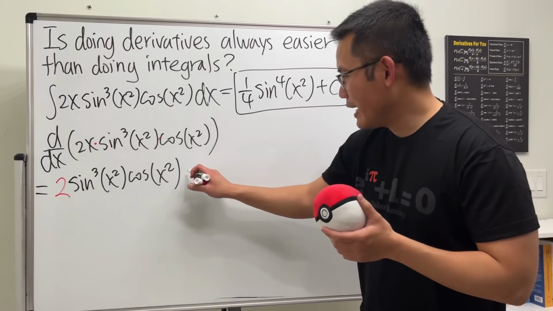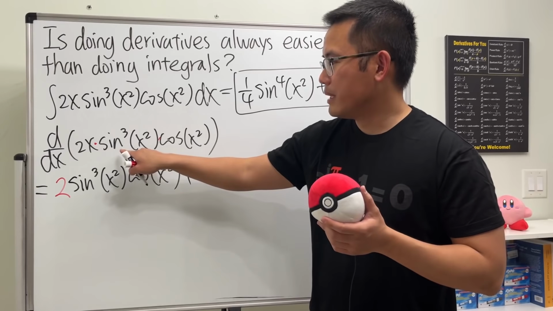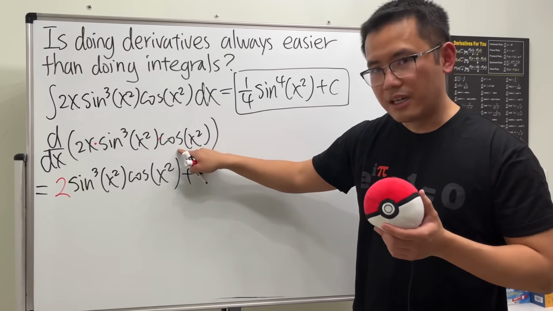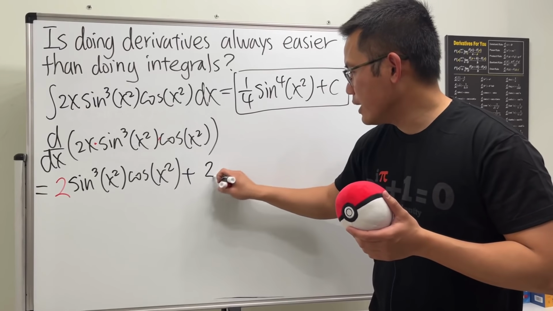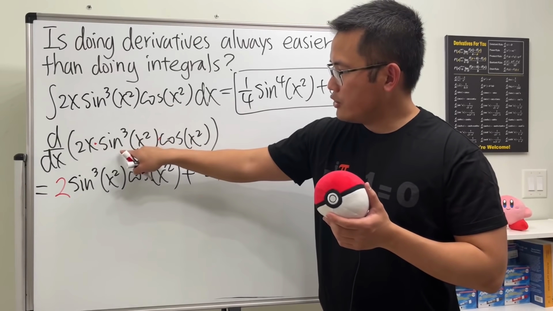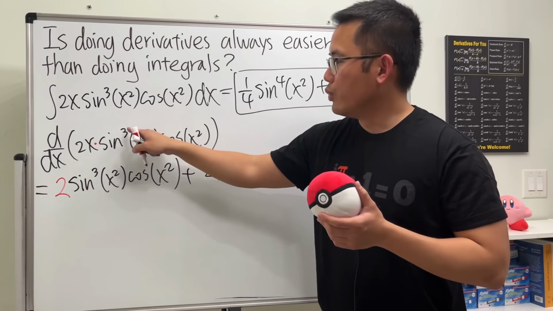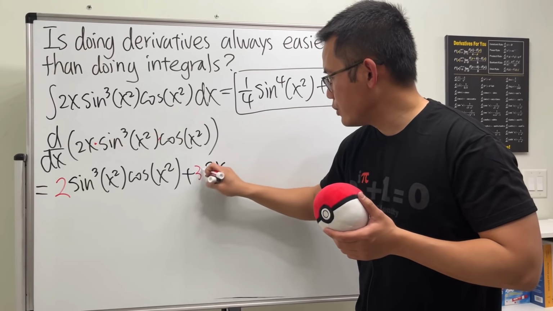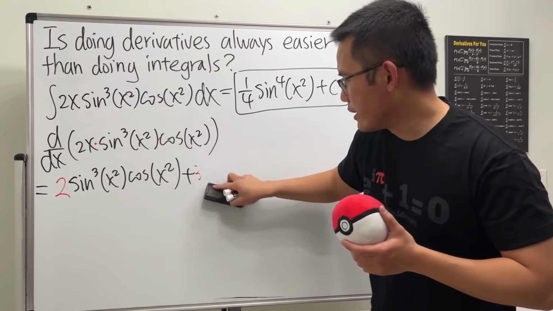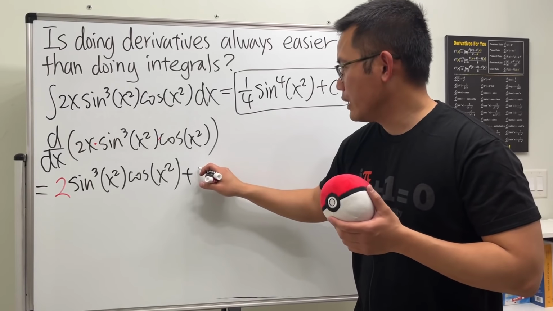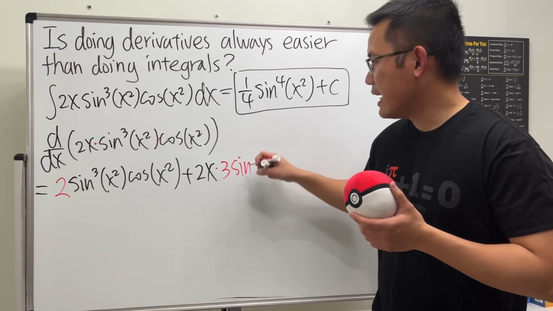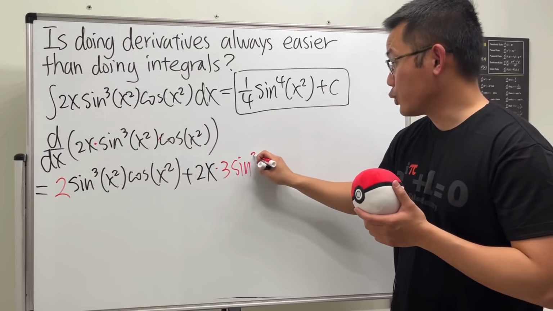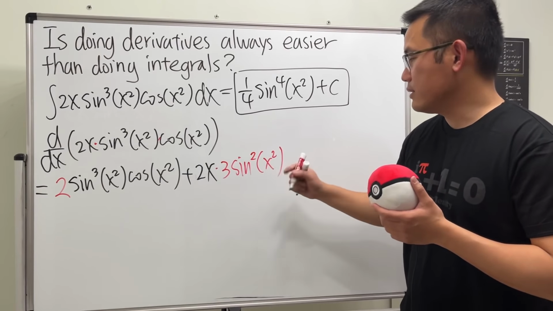Alright, next one. We are going to keep the first and also the third function, but we differentiate the middle. So I will just write it as 2x, and then differentiating sine to the third power. Wow, we bring the 3 to the front, so we multiply the 3 right here. Actually, I'm going to just write it down like this to make it clear. So we have the 2x, and then we multiply by 3 sine, and of course 3 minus 1 is 2, and then the input stays right there, x squared.